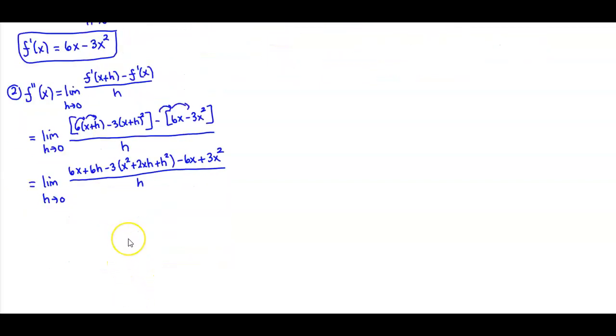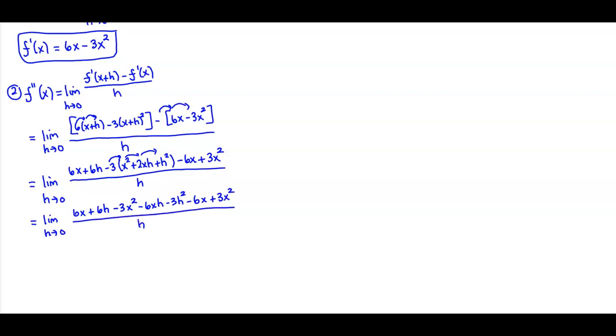Now let's go ahead and distribute the negative 3 to all three of those terms. So we have the limit as h approaches 0 of 6x plus 6h minus 3x squared minus 6xh minus 3h squared minus 6x plus 3x squared over h.